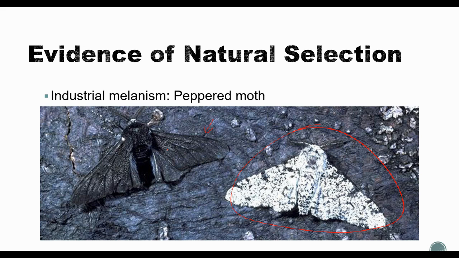So the moths would range from almost pure black to pure white, and then with lots of variation in between. So in areas like London, where they had lots of factories, the white moths went nearly extinct, and we saw most of the moths were more dark. In areas outside the city, it remained what it had previously been, which was that on a white tree, this black moth would be the easiest one for a bird to spot and then gobble up. So that's more evidence of natural selection.